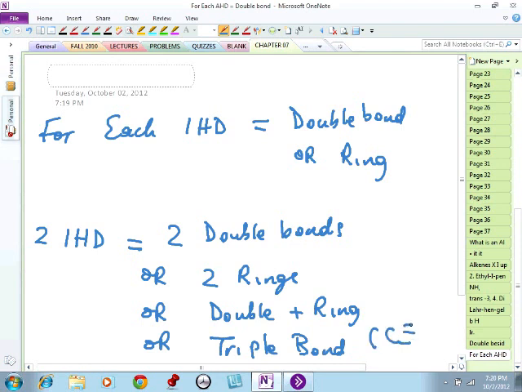A triple bond is a carbon-carbon triple bond. Okay? So that is what the index of hydrogen deficiency gives you.